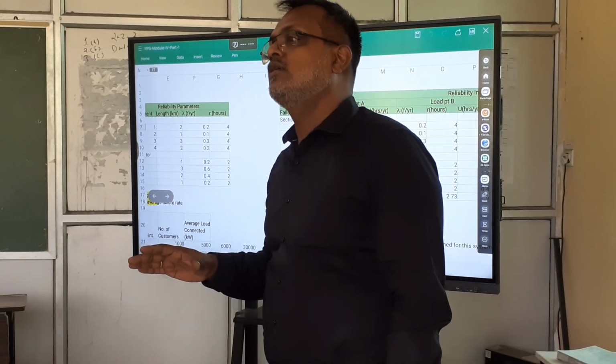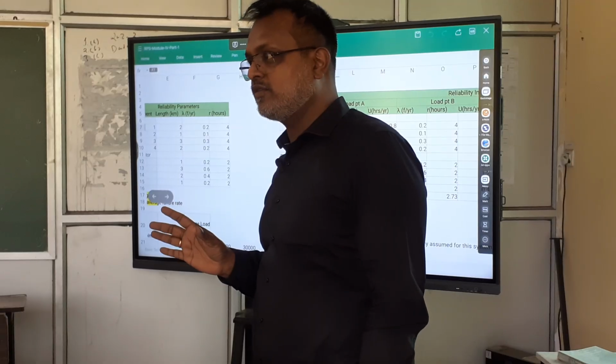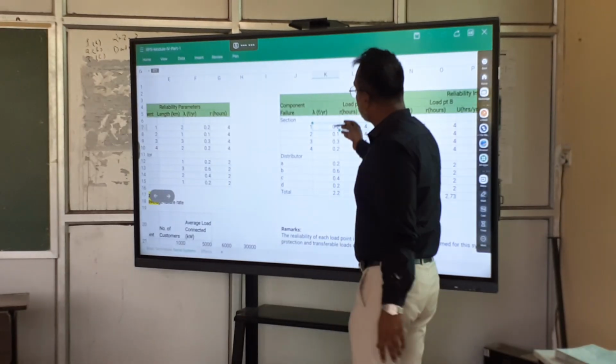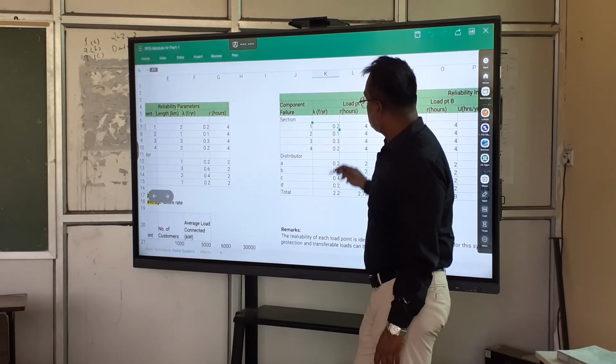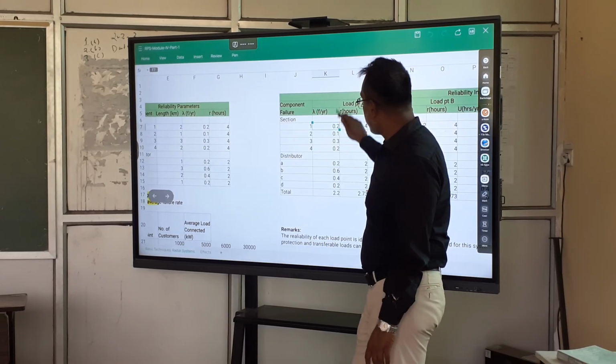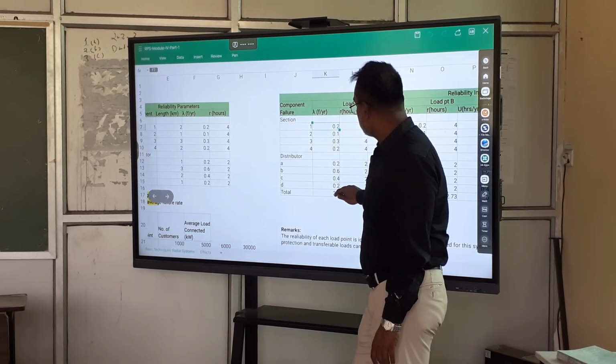So lambda and r will be the same for all the load points, because it's a radial system. Any component failure will result in this load point A failure. So you add up all these things.